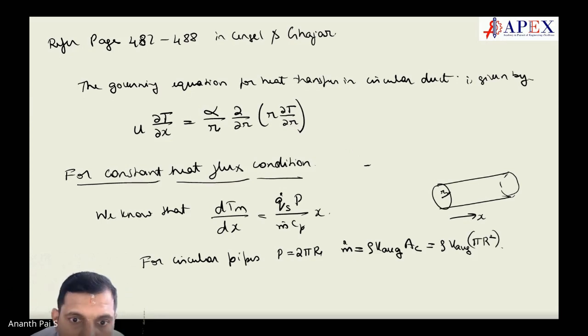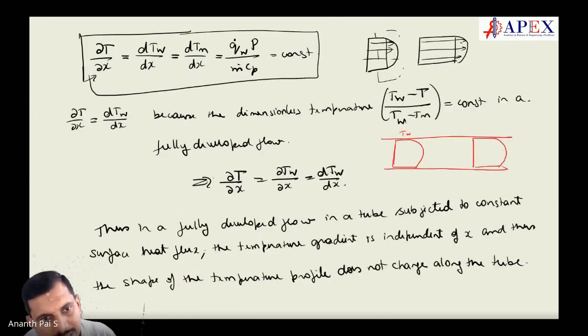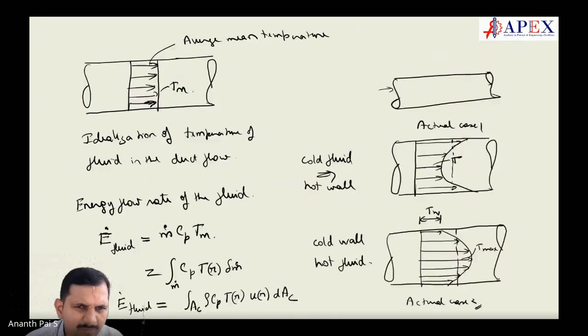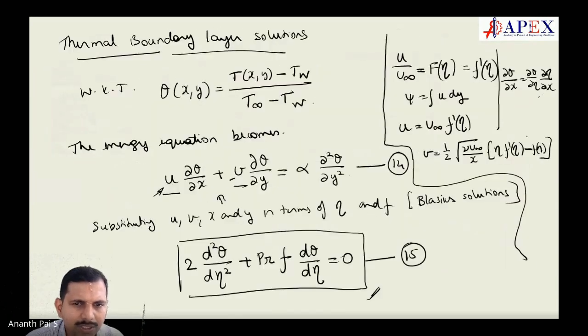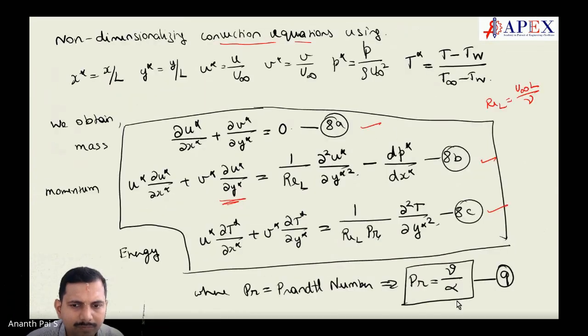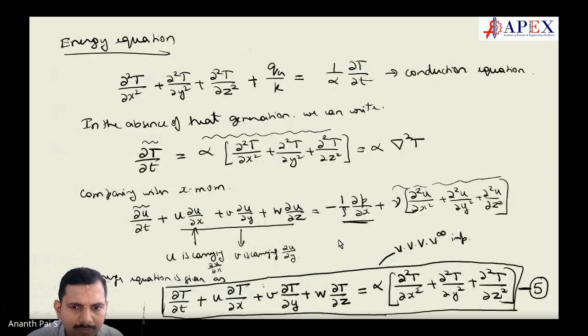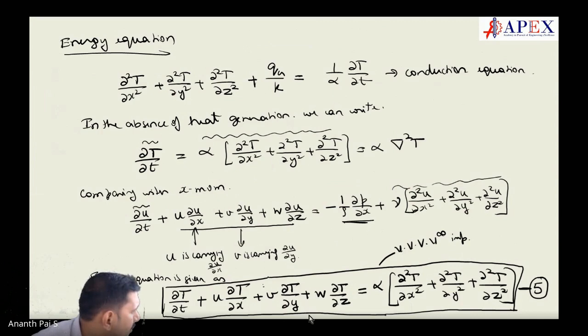What happened? You got u dT by dx because you are taking u in this direction. If you consider the heat transfer equation in cylindrical coordinates, we get 1 by alpha dou T by dou t. Just a second. This is not in cylindrical coordinates. This is in Cartesian coordinates. Now in cylindrical coordinates you have to write this.